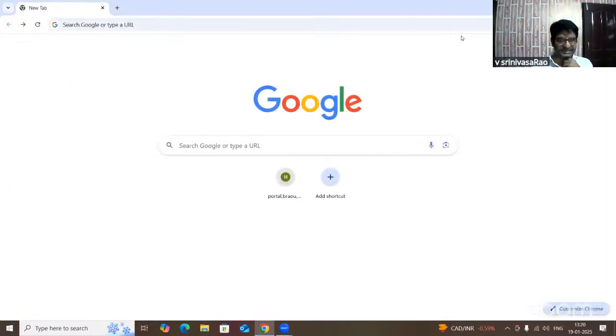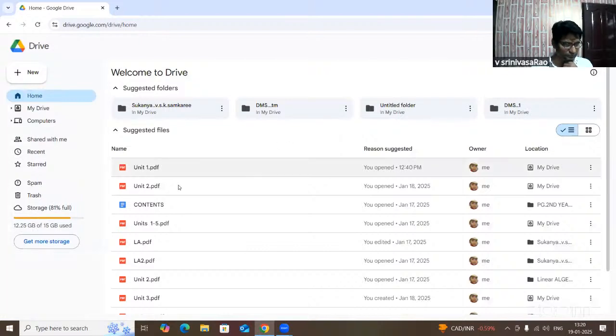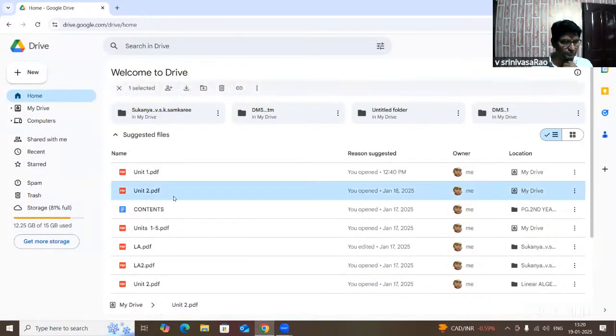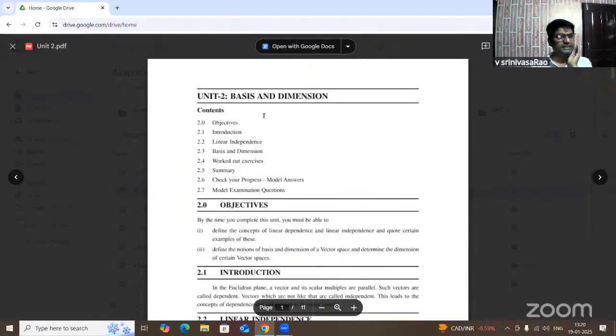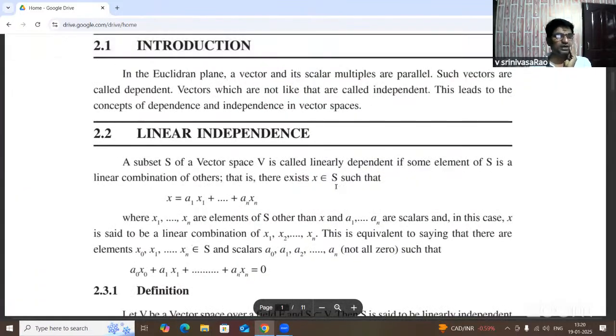Now that is the second part of this concept: the basis and the dimension. This is one of the important concepts, because further theorems depend upon the basis and the dimension of a vector space.